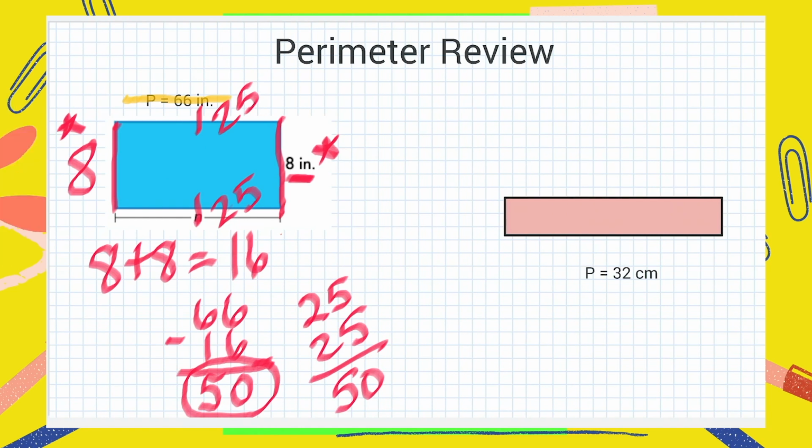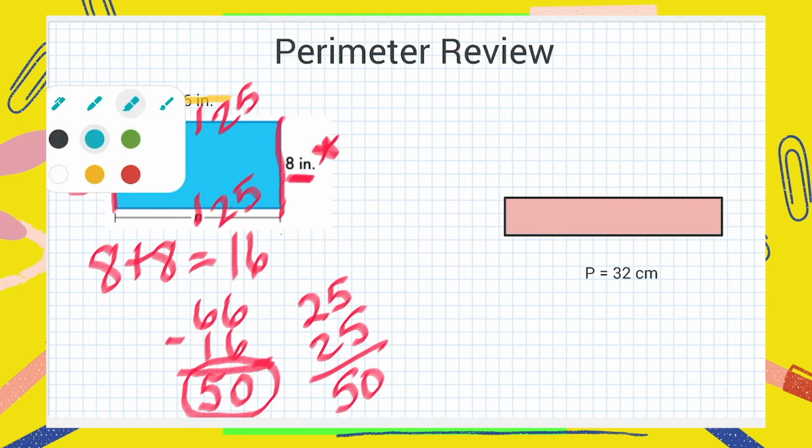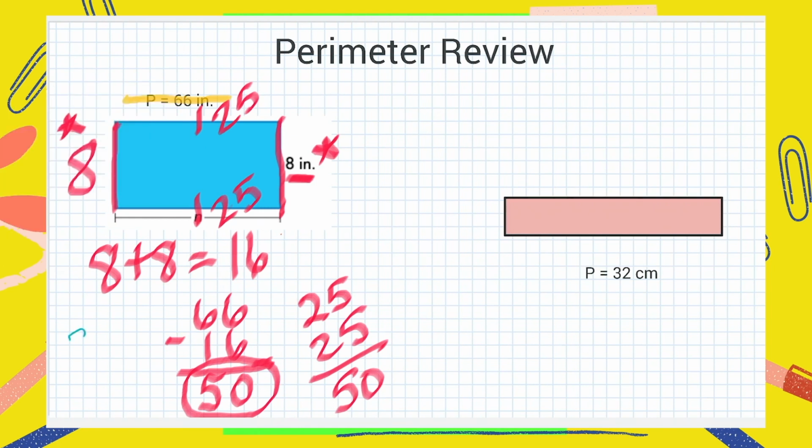Very good. 50 plus 8 inches equals 58 inches. 58 inches plus another 8 inches equals 66 inches. Excellent. So the answer to the missing side length of this problem is 25 inches.